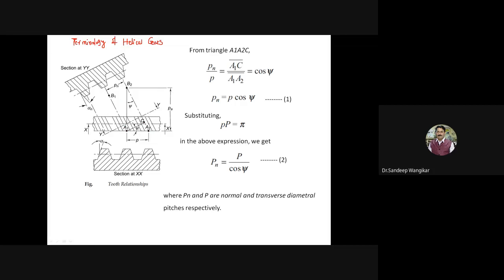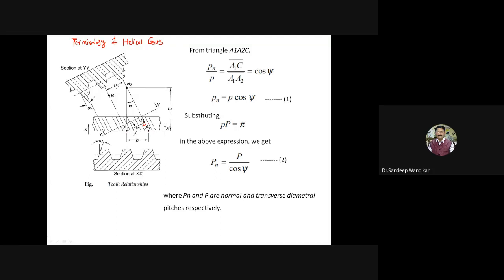So cos of psi is equal to... this is the right angle, A1A2 becomes the hypotenuse. So cos of psi is equal to A1C divided by A1A2.